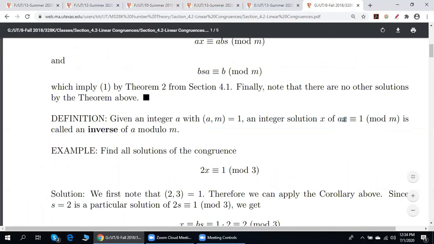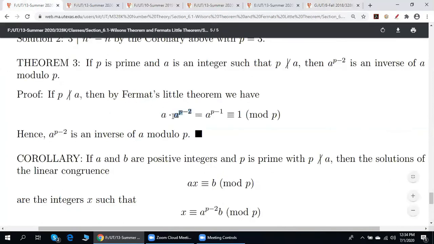We just replace x by A to P minus 2. Therefore, by definition of inverse, A to P minus 2 is an inverse of A modulo P.